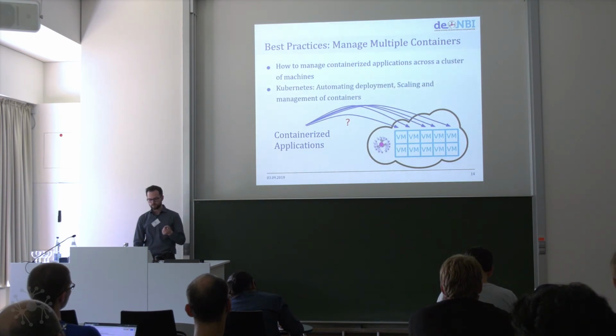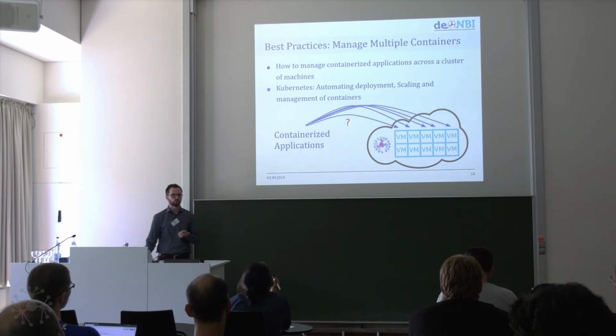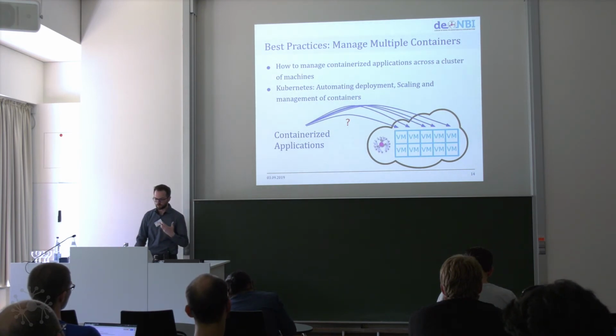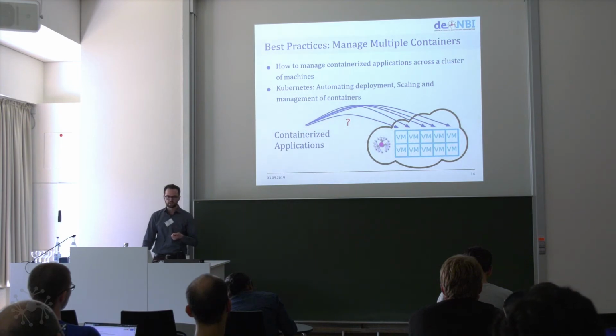And one technology that will be presented to you is called Kubernetes. Kubernetes allows you to automate the deployment, scaling, and management of containers. It was initially developed by Google, and I think now the Cloud Native Foundation is maintaining Kubernetes.